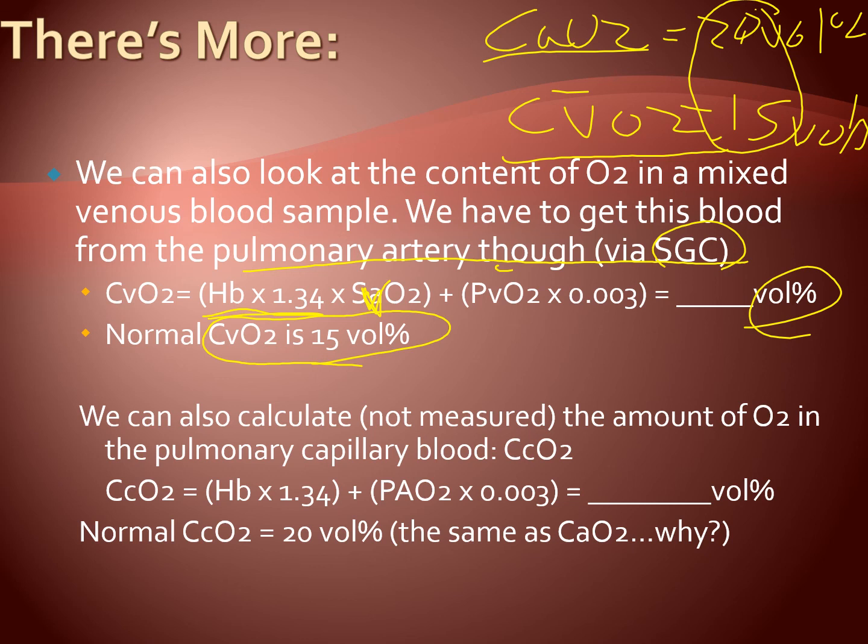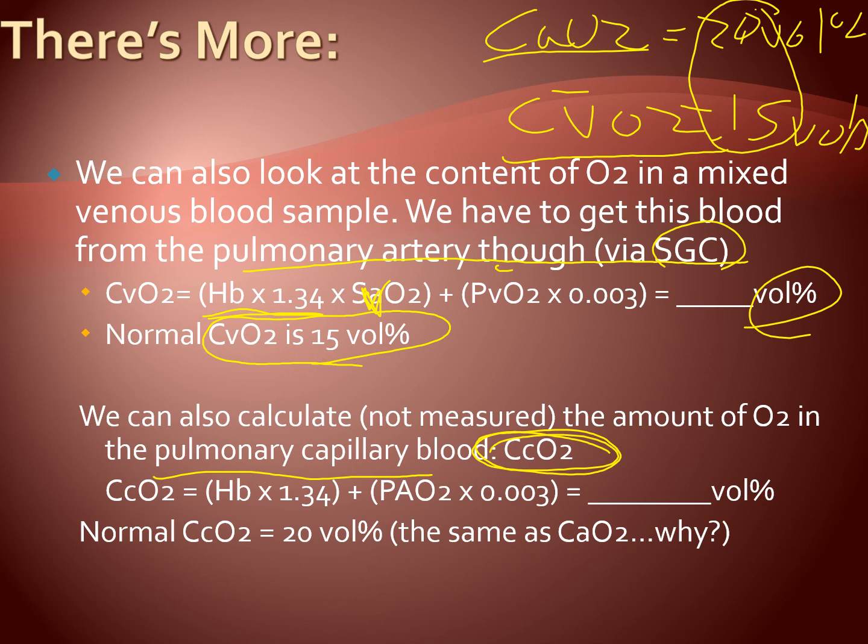Well, that's not the only place we can look at oxygen content. There's a third place besides the vein and the artery where we can see oxygen content. We're not going to stab anybody's lungs here, but we can calculate how much oxygen there is in the pulmonary capillary. This is what's known as your CcO2, your capillary content of oxygen.